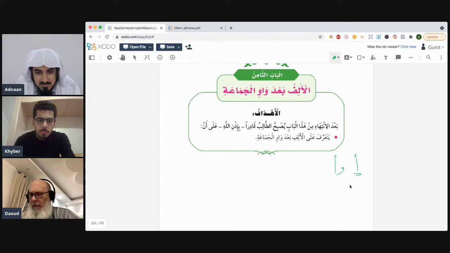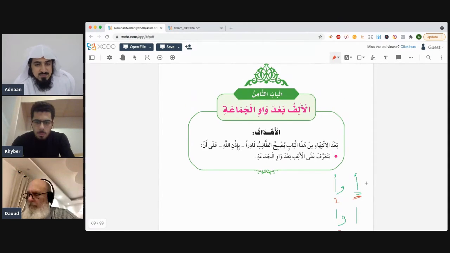Right. So we said it's either the first or the second. Also Hamzatul Wasl, we said either it's the first or the second, correct? So we said here, that's number 1, and that's number 2.